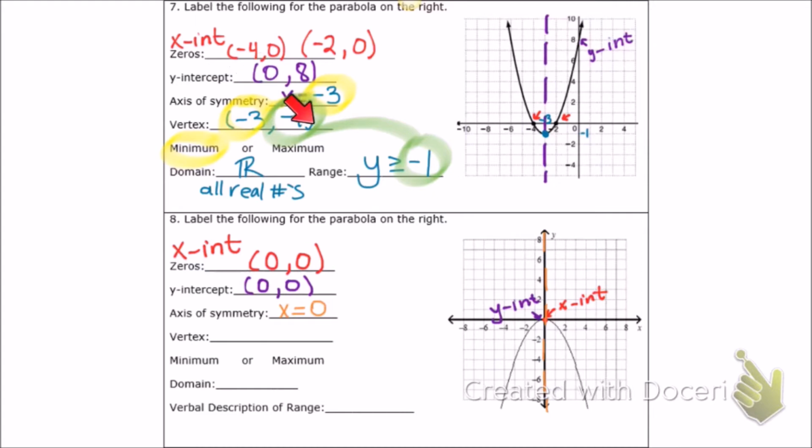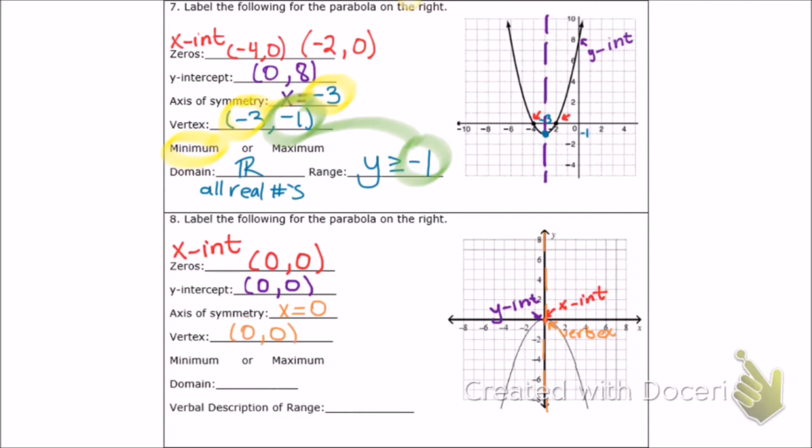And we can check that with our vertex, just like we did here. The vertex is the highest point or the lowest point. Over here, since my parabola is opening down, I have a highest point. So again, this is going to be my vertex. And the ordered pair again is 0, 0.